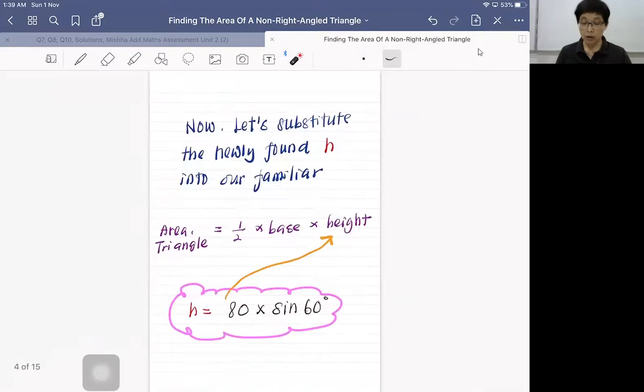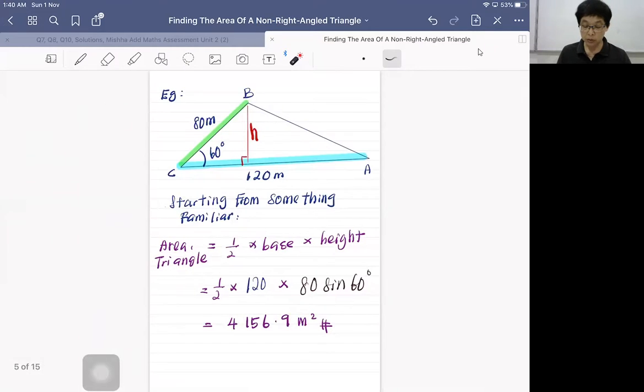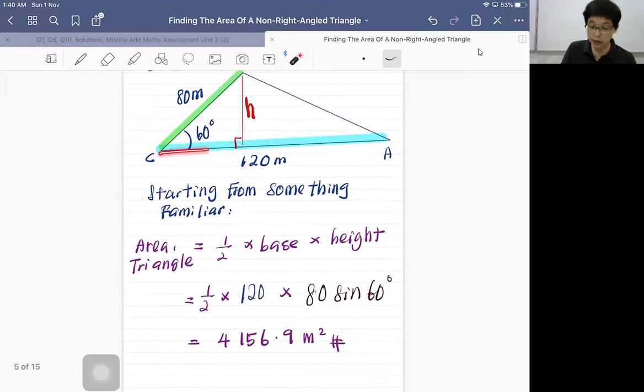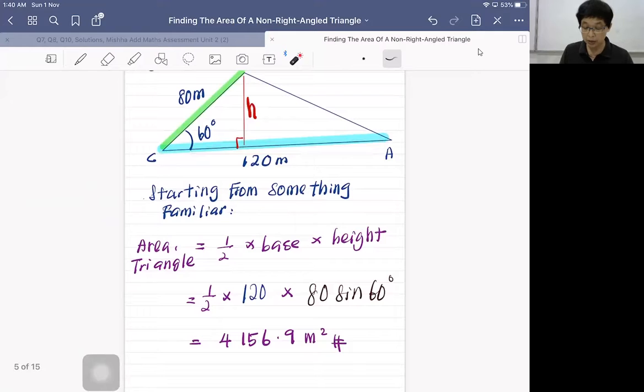Then let's substitute this newly found height into our familiar formula, area of triangle equals half times base times height. We know that AC is our base, so we substitute that as 120.